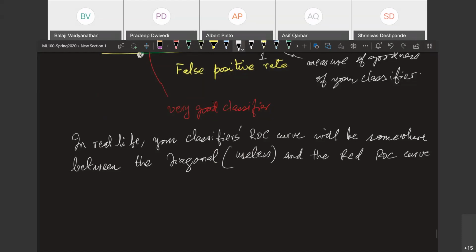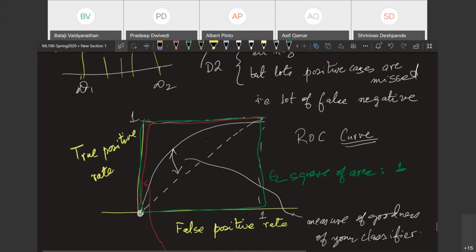So this is what you will get. Look at this white line. The white line here is a much more realistic example of what you will see.